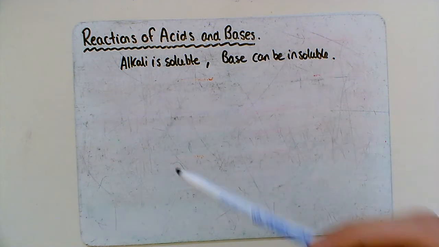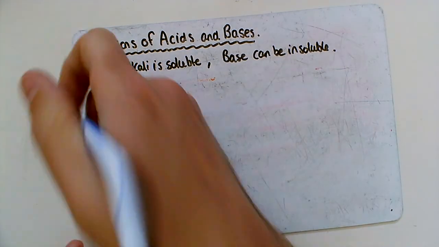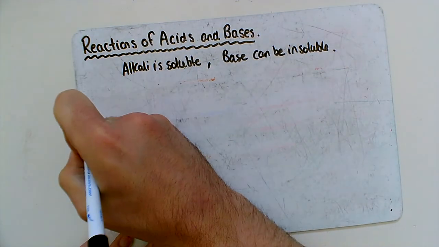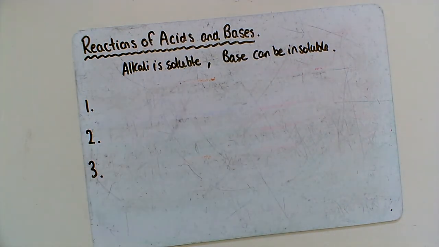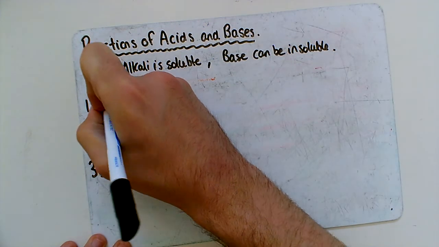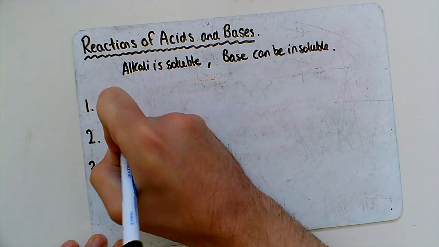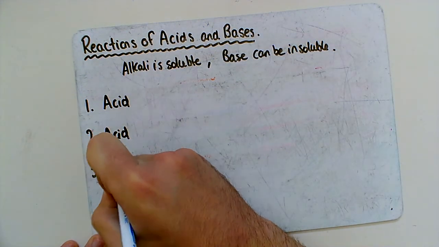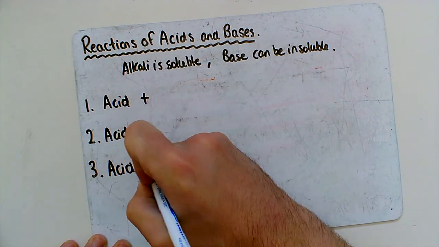but not all bases. And what we're going to do is look at the reaction of acids with three types of bases, and we're going to learn some general equations. So we're going to look at how an acid reacts with these three different things.